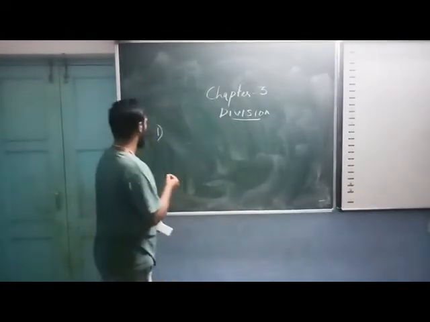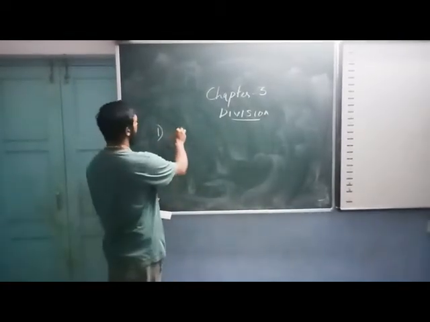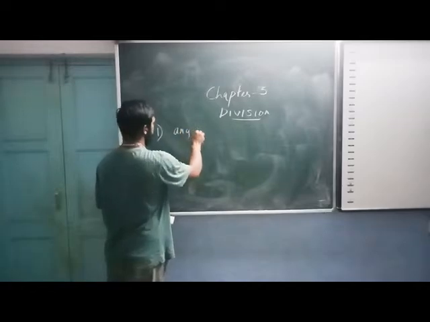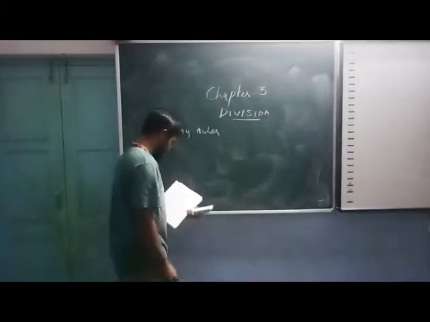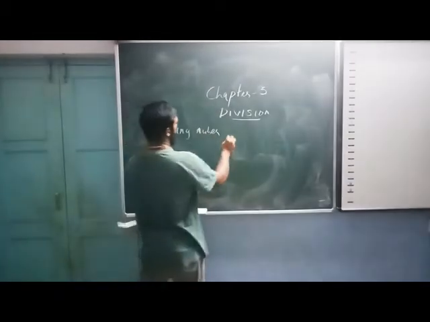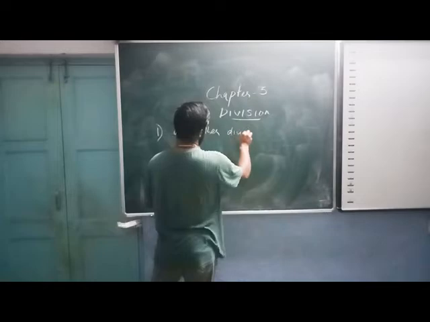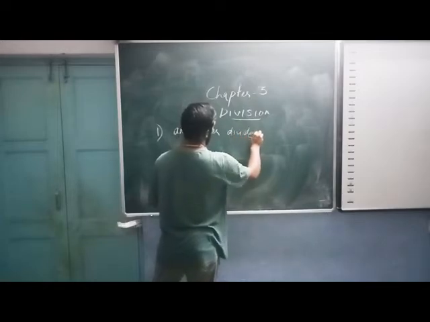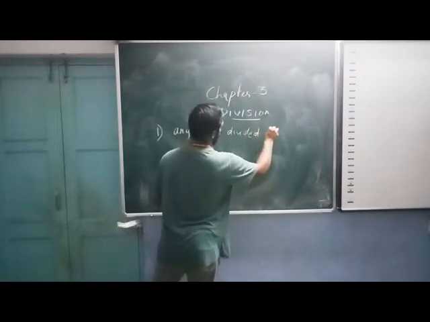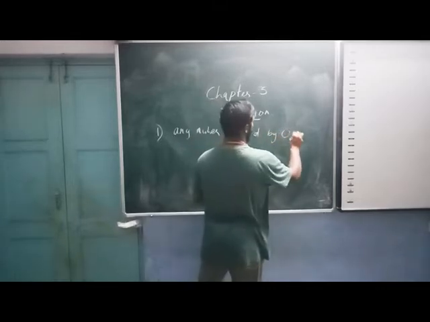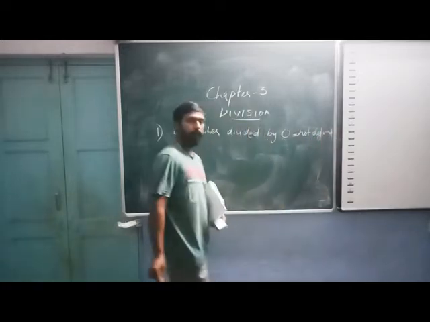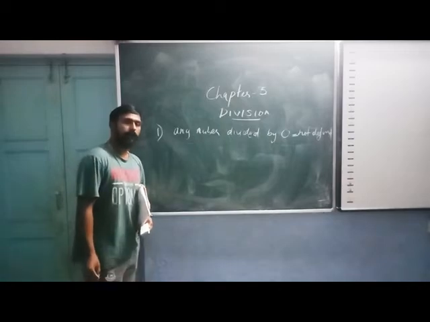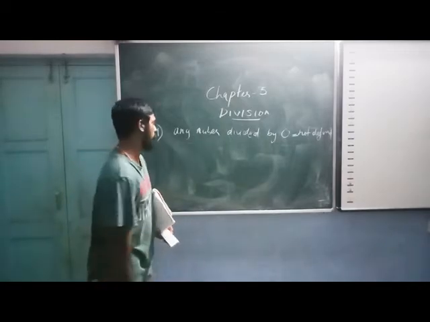So, what is the first property of division? If any number is divided by 0, it is equal to not defined. We cannot divide any number by 0.